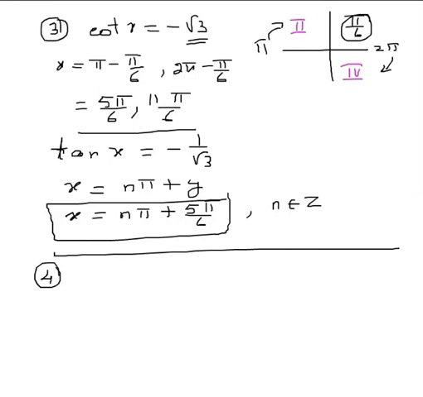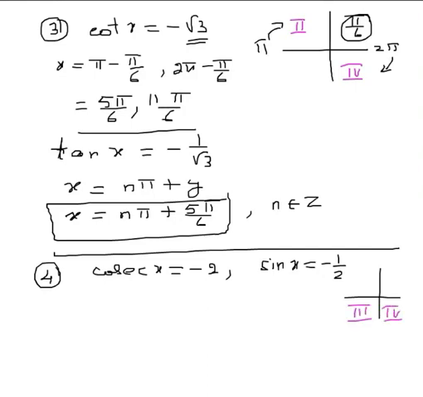Fourth question: cosecant x is minus 2. You can do it with cosecant or you may change it, because the general solution we have is for sine. So sine x is minus half. Now sine is negative in the third and the fourth quadrants. Now write the base angle for plus half.